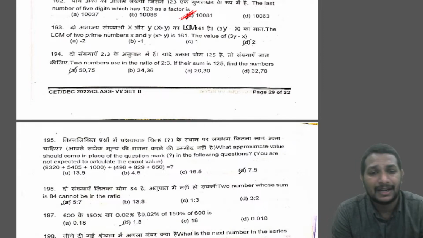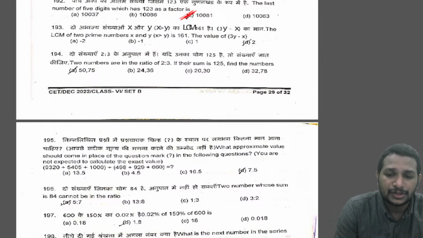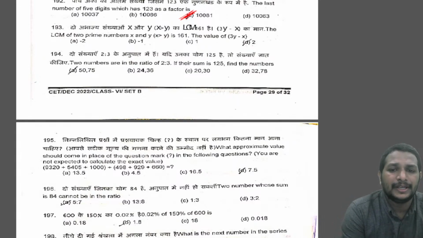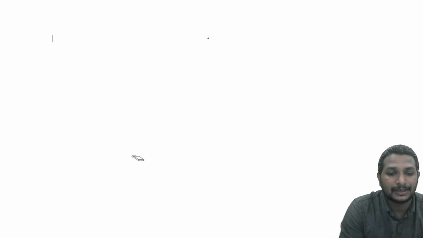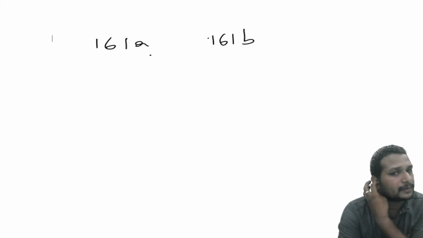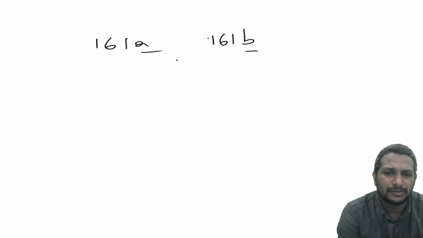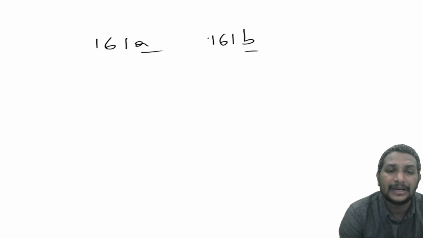Now x and y values. Now we can take the number as 161a. See the common factor of those two numbers is 161, because as they mentioned here, prime numbers. We are getting it like this. These two will be like this kind of.